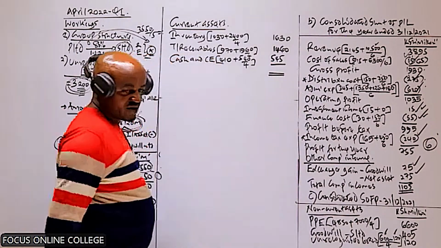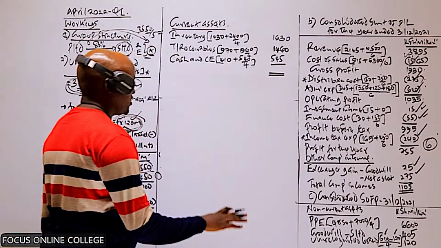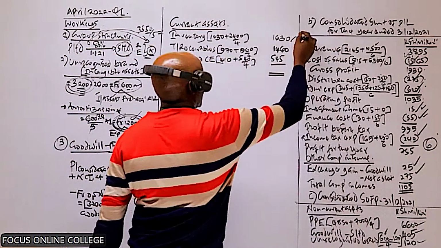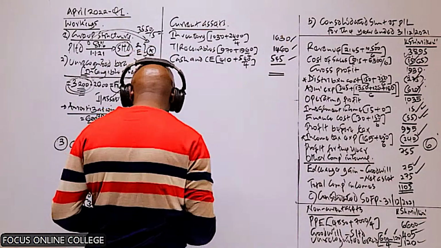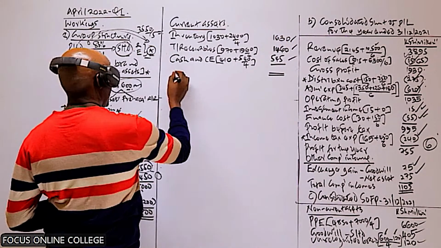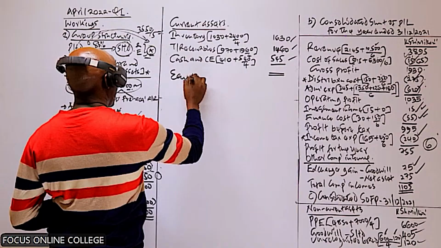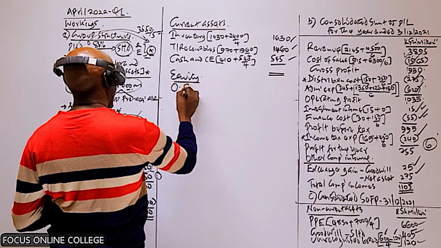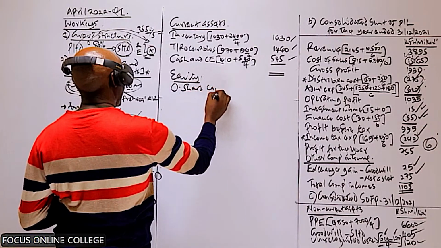We said in this question, never bother yourself getting totals. What is marked are these. These are the entries which are marked. Never bother yourself getting totals. So then we move, and basically we record what? We record equity. So we start with the ordinary share capital.